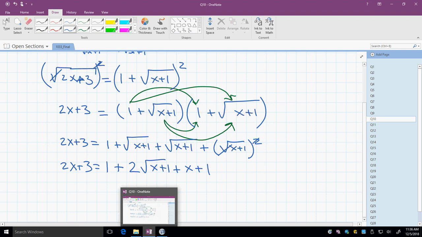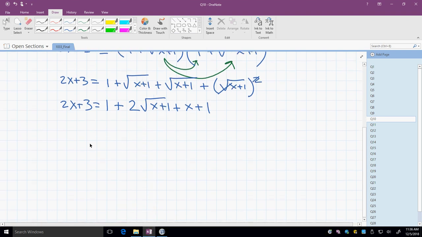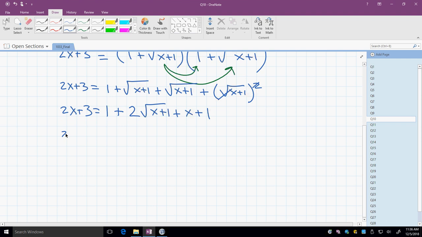Now I need to simplify again. 2x plus 3 equals 2. I have x here, and I have a 1 and a 1. So 1 plus 1 is going to be 2, plus x, and this square root, which is 2 square root of x plus 1.